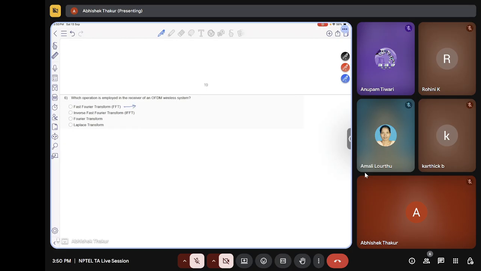So this question is asking about the receiver, so it will be FFT. So basically, this we can represent with a diagram.